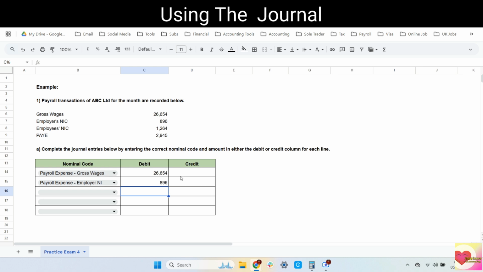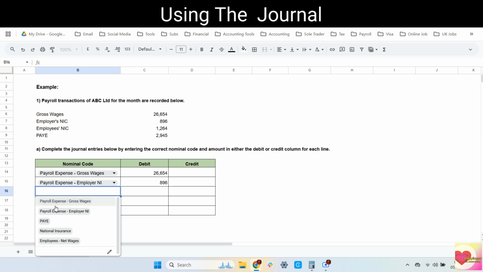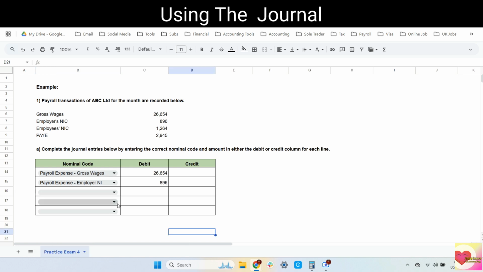The liabilities to HMRC are sometimes in one account or separate accounts, and we could find that out once we check the pick list and pay attention to the number of remaining boxes, because these are what the exam requires us to fill in.